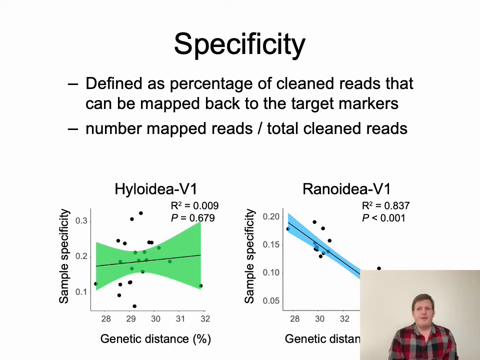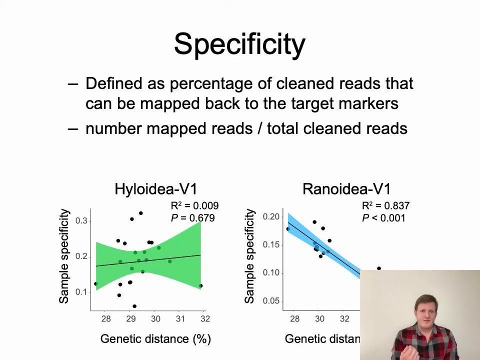And here in Ranoidea version 1, we show a strong negative relationship between genetic distance and sample specificity, which again shows that capture success is influenced by genetic distance when using this genome-based design. However, the consensus-based design, Hyloidea version 1 in green, there was no relationship, suggesting that the percent of mapped reads to the target markers has nothing to do with genetic distance, and that this variation is explained by something else.